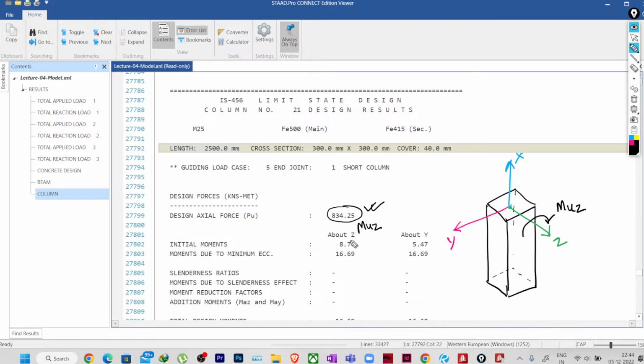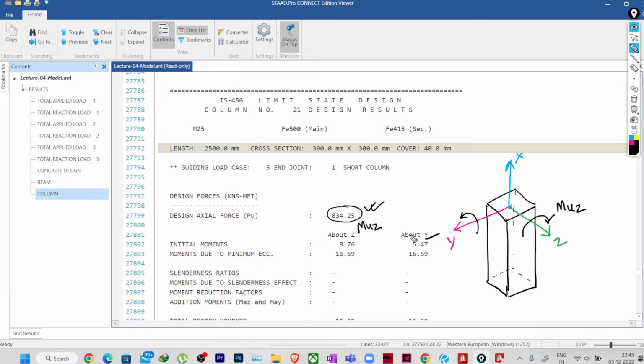Okay, so it is 8.76, and about Y axis, okay, maybe it can be in other direction also. So if I just put the thumb like this, so yeah, it will be in this direction only if it is positive. Okay, if you put your thumb in this direction, whatever the direction of your other fingers, like the other fingers will be bent, right? So what are the directions of your other fingers will define the direction of your movements.